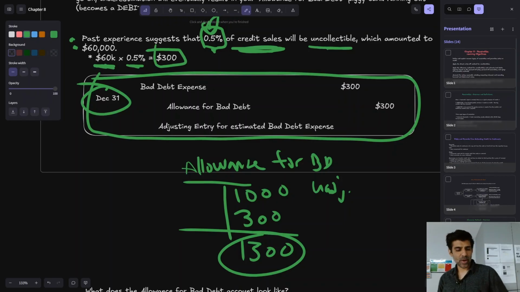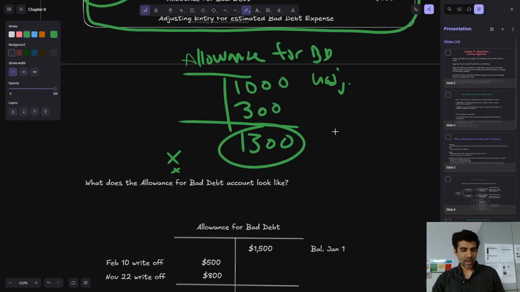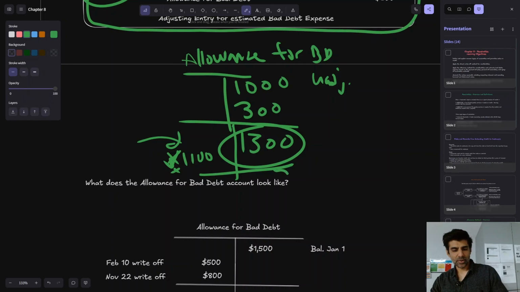And then of course we'll have some write-offs that happen. This piggy bank will get drawn down. Maybe we had, I don't know, 1,100 in write-offs that happened during the year at various times. So the ending balance is now $200.